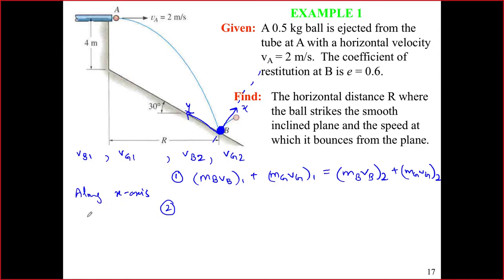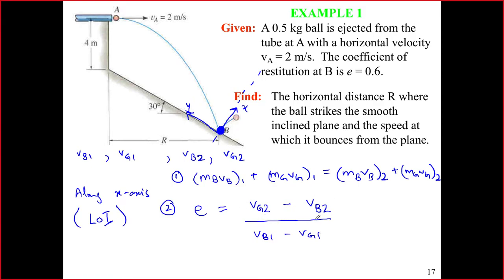The second equation that I have is the coefficient of restitution. This, along the x-axis, which is the LOI, the line of impact, along. The second equation I know is the coefficient of restitution, which tells me, what? V ground 2 minus V ball 2, divided by V ball 1 minus V ground 1.